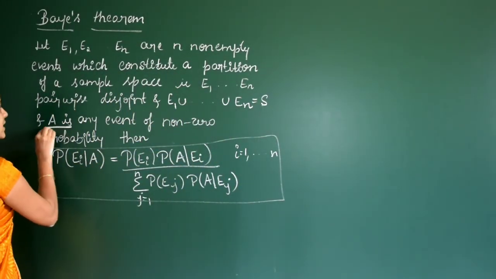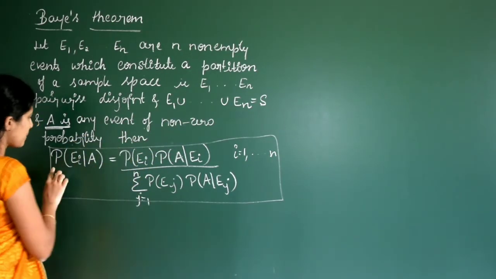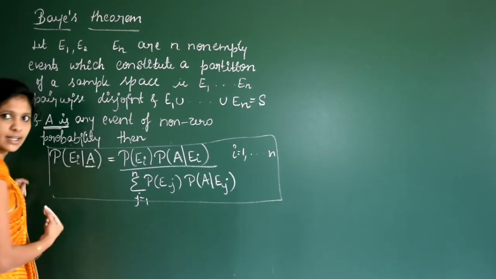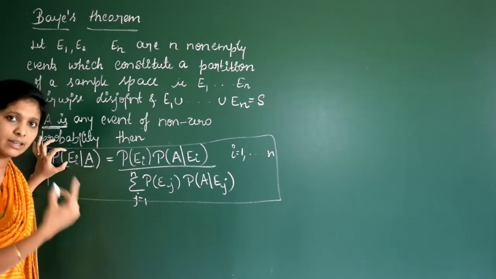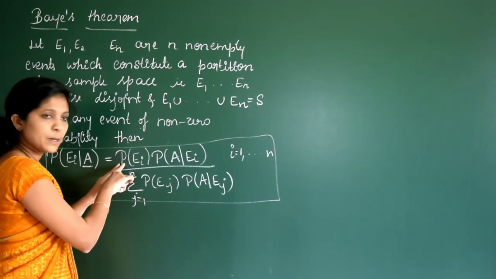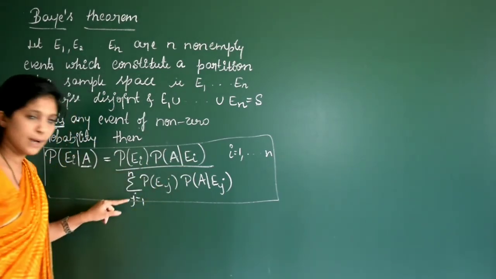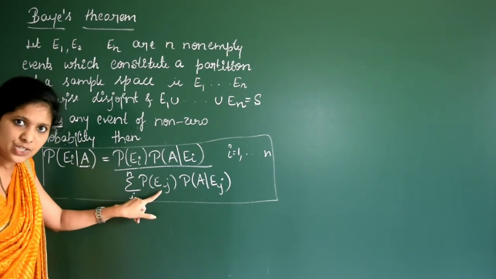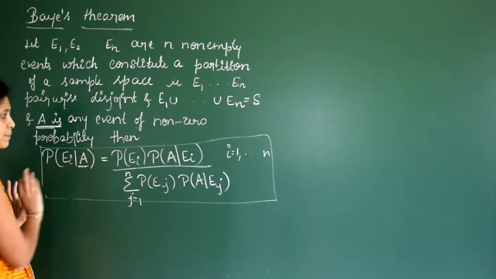It is given that A is any event of non-zero probability. Then the probability of any event Ei, given that A has already occurred, may be E1, E2, E3, En, anything, is given by probability of Ei, probability of A by Ei, divided by the summation, j varies from 1 to n, of probability of Ej into probability of A by Ej. You need to remember this formula, simple and basic.